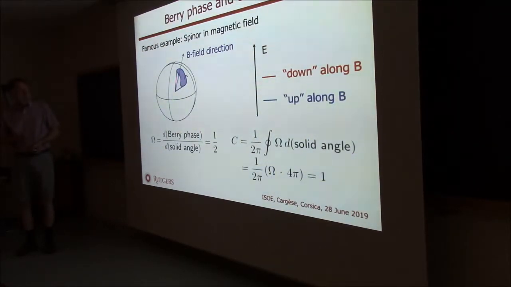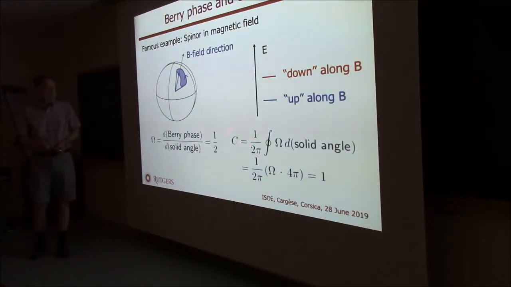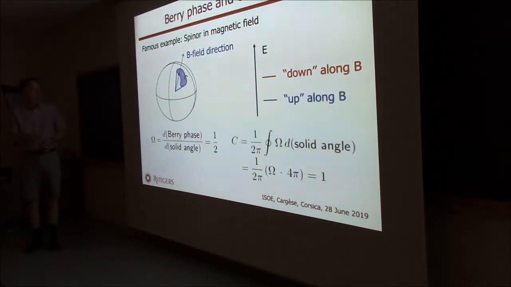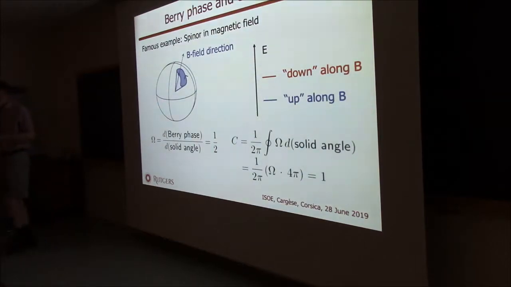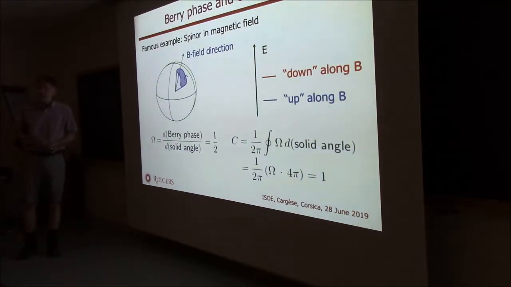If you do this for spin 1, you get that the curvature is 1 and the Chern number is 2, and so on. So if you turn it around and say, mathematically, I know from Chern's theorem that the Chern number has to be an integer, and the unit sphere has 4 pi solid angle, that means the only allowed values of spin are multiples of 1/2.